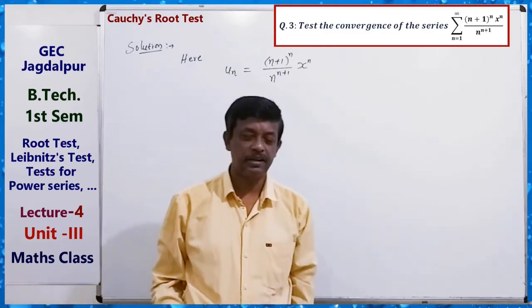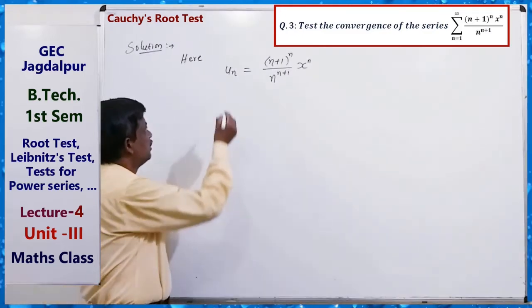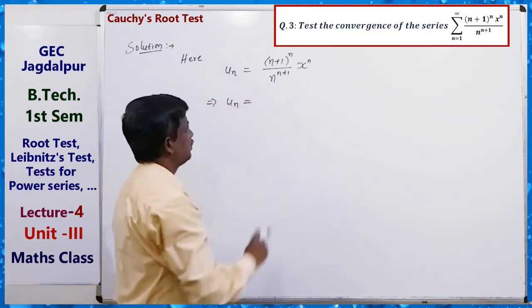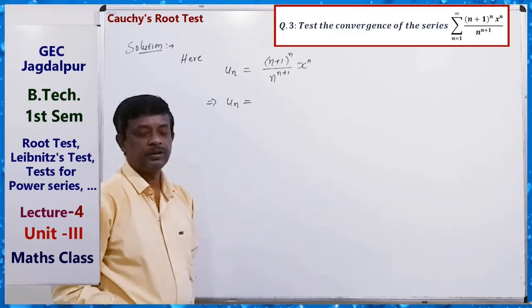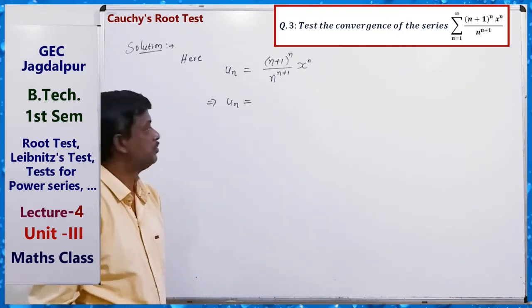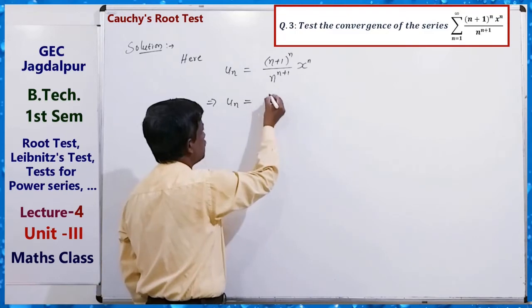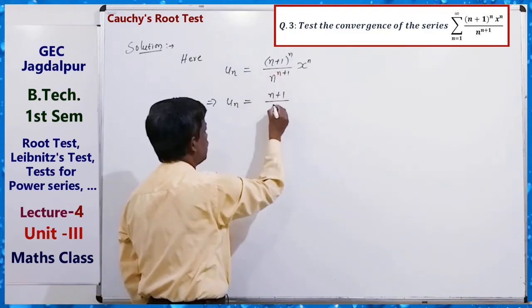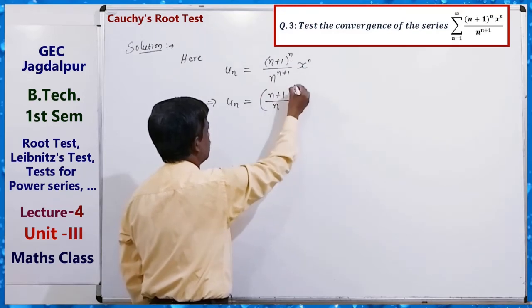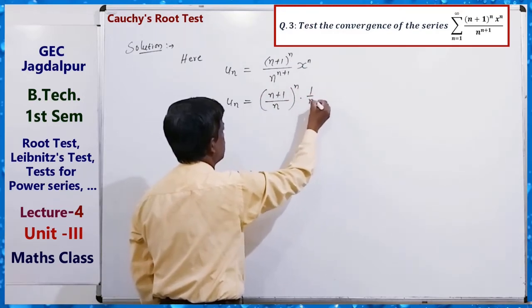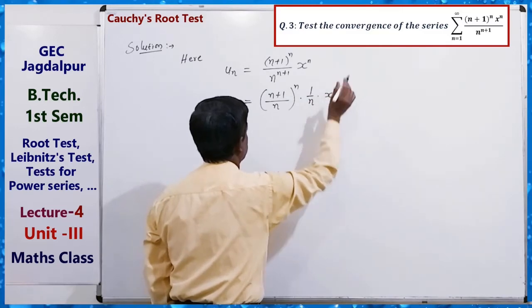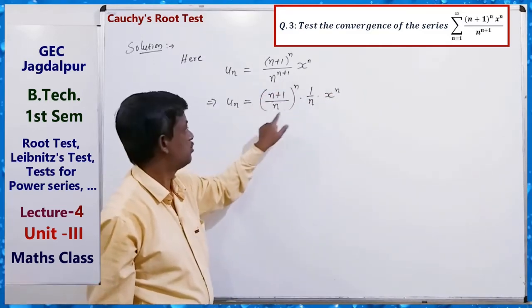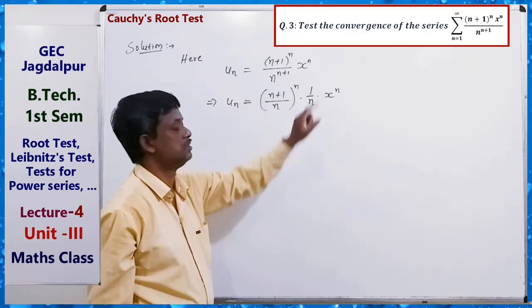So we can write it like this: n plus 1 over n, into 1 by n, into x to the power n, because n power 1 is this, n power n is this, and n plus 1 power n is this.